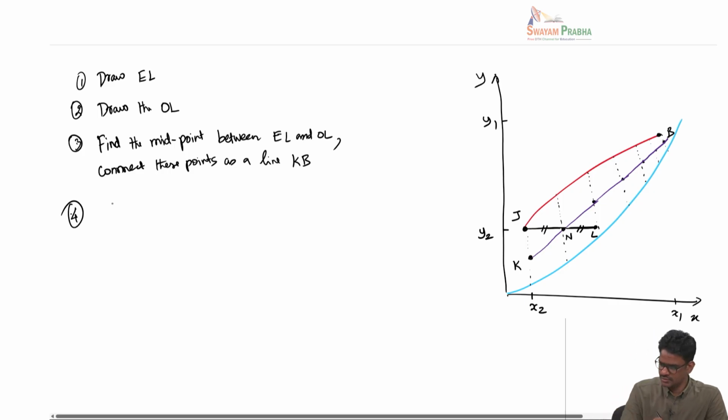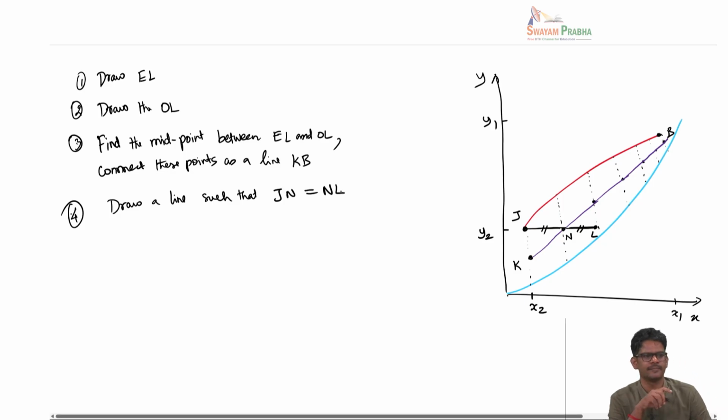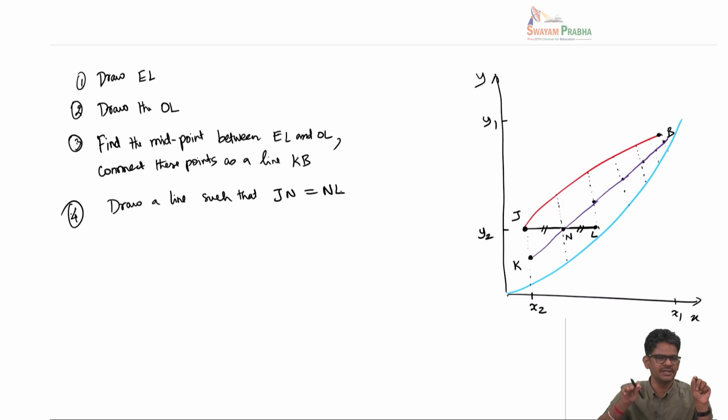So draw a line such that JN is equal to NL. J is the point corresponding to x2, y2. You go horizontally and meet the midpoint line KB and measure the distance, that is JN, and continue the line to reach point L such that JN and NL are the same.